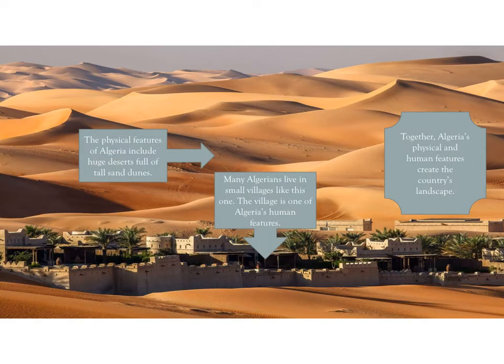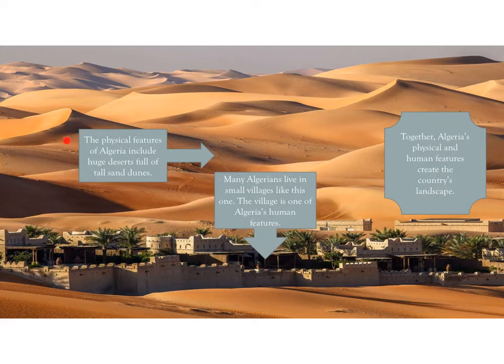So let's look at this photo. It's really amazing, showing the desert. Okay, this photo is from Algeria. If we want to remember how we explained a country's landscape or a given landscape, we explained it as the human and physical features of a given place.